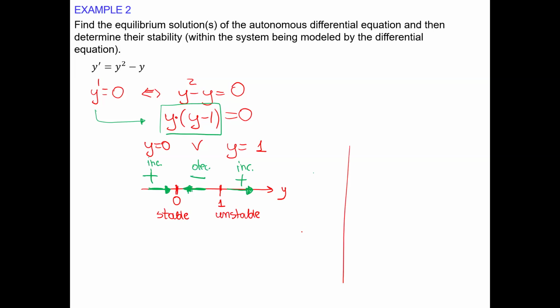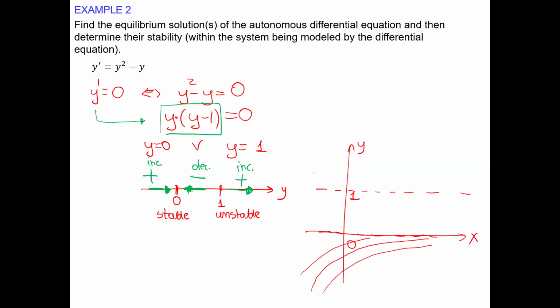And if I draw this, how can we draw? Let's say this is x independent, this is y, 0 and 1. Below 0, the function is increasing. That means the solution will look like this.